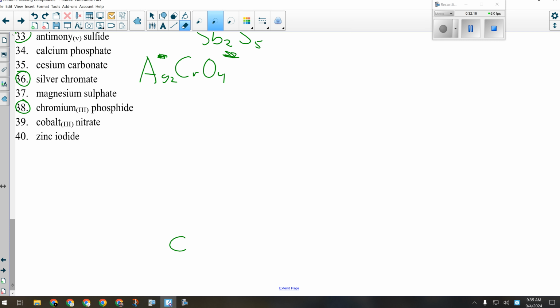There we go. Okay, chromium. Okay, and chromium is a 3 according to that Roman numeral, and it is with phosphide, which is also a 3, just minus 3. So this is just CrP. Yep. Okay, everybody all right with that? Yep. Okay.